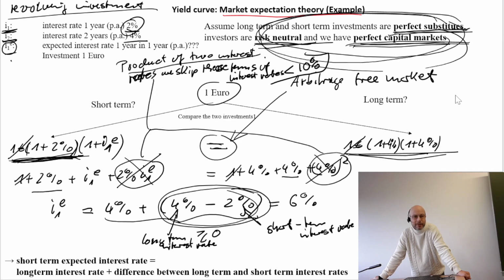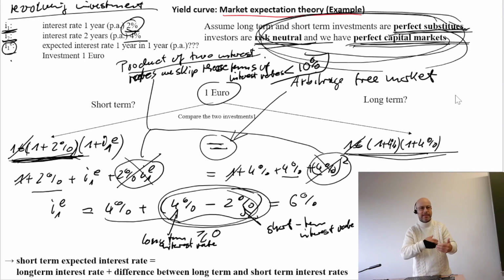And then we move to the point of what we have learned about monetary policy. We have learned that with the key interest rate of the central bank, we want to steer short-term interest rates.